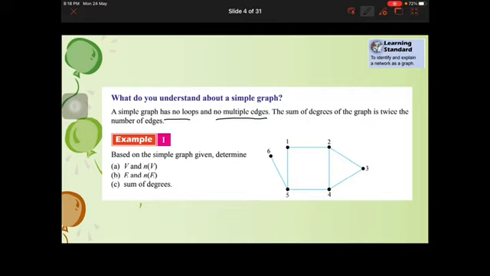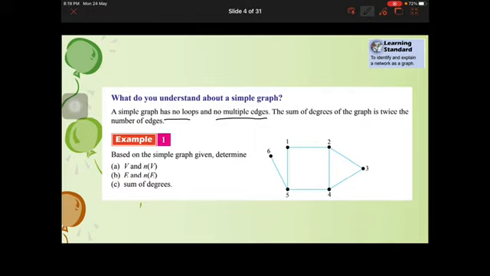So for example 1, based on the simple graph given, determine V and n(V), E and n(E), and the sum of degrees. Now, if you can remember in set, we have learned in set, what is V? V is a set, so n(V) is the number of elements in the set V. Now if we look at the diagram given here, what is V?